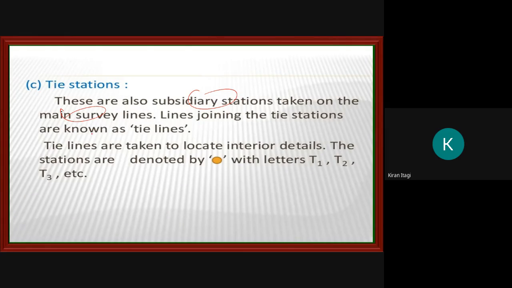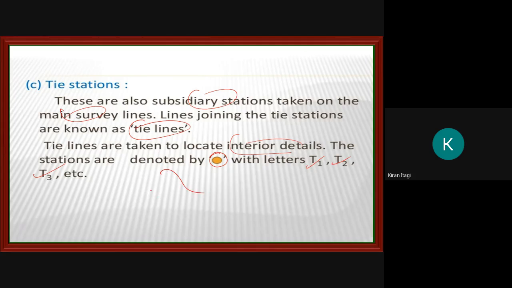The line joining the tie stations is called a tie line. The tie lines are taken to locate the interior details. These stations are denoted by the 0 with the letters T1, T2, T3.